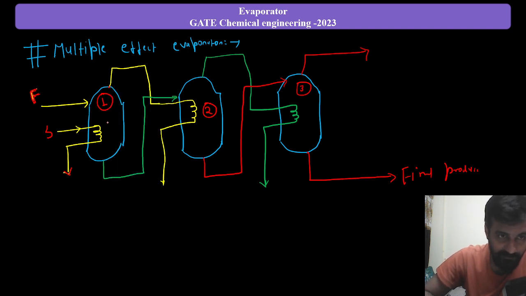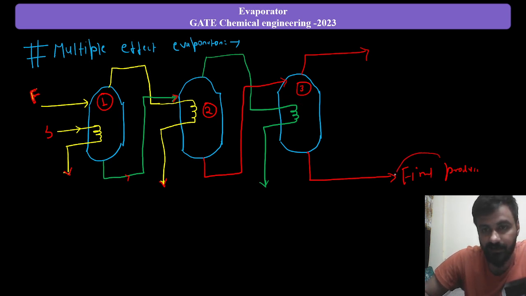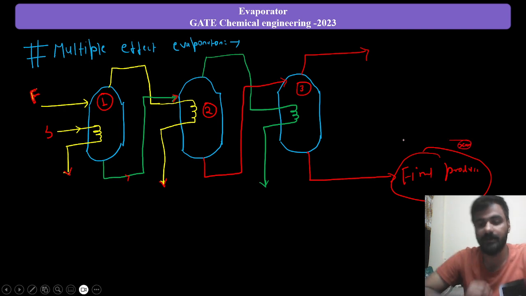The vapor produced in the first effect works as steam for the second effect, and the bottom of the first effect works as feed for the second effect. The vapor from the second effect works as steam for the third effect, and the bottom of the second effect works as feed for the third effect. Finally you get the concentrated final product over here.